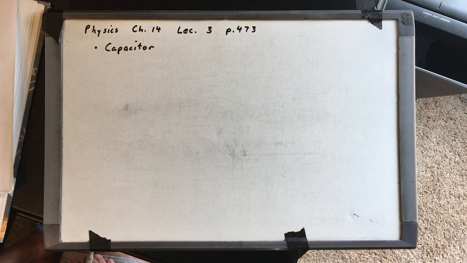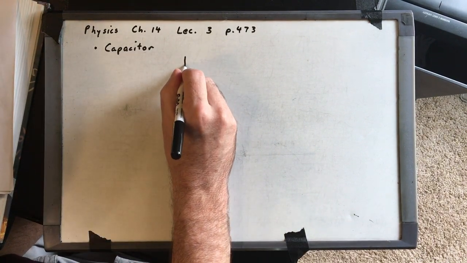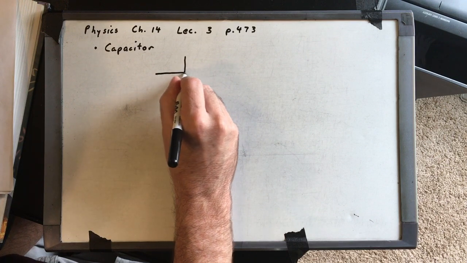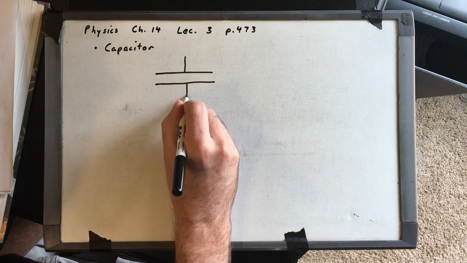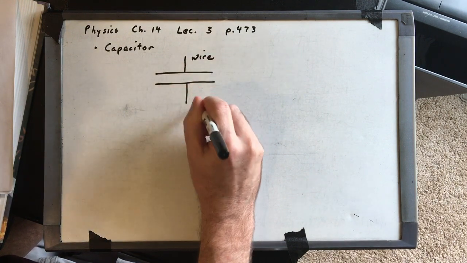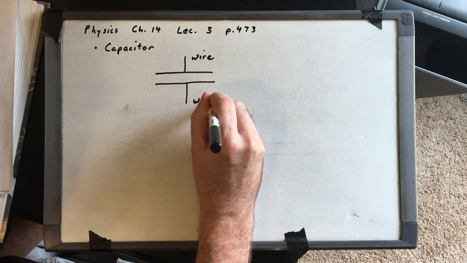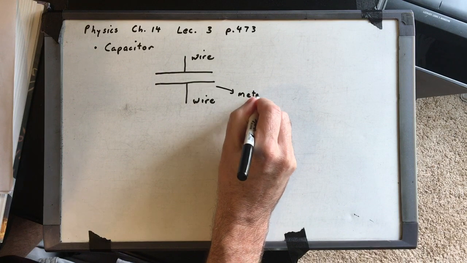So a capacitor is a device that stores charge until it's needed. So just a basic capacitor diagram. Let's say we have a wire that goes to a metal plate. All right, so this is a wire. Okay, those are metal plates.